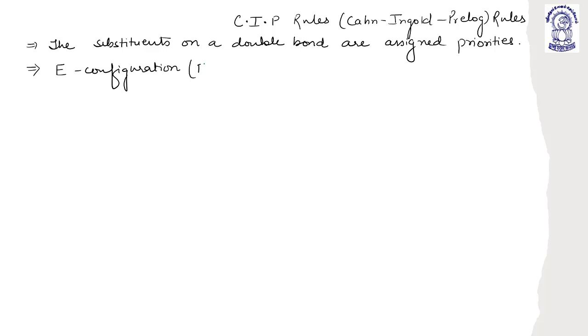E basically comes from entgegen, the German word for opposite. Entgegen means opposite.